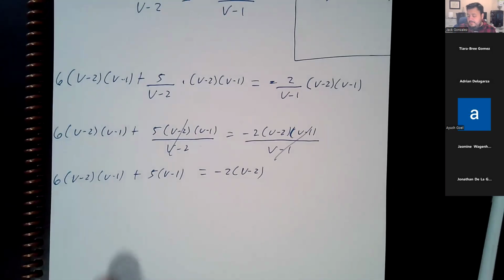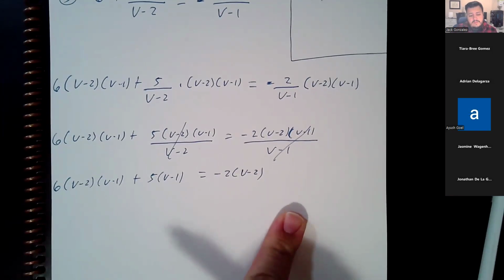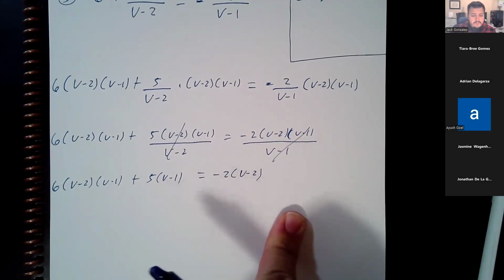At this point, distribute, multiply, combine like terms, solve for V. That's the goal after this.